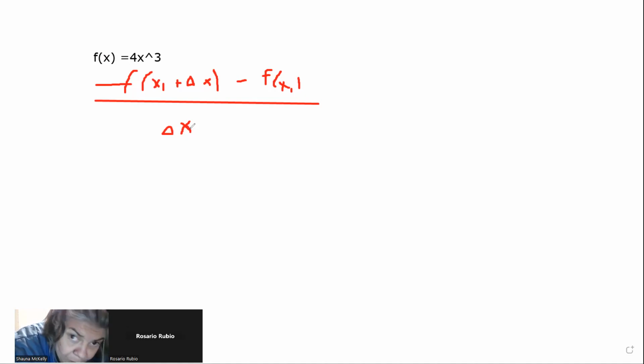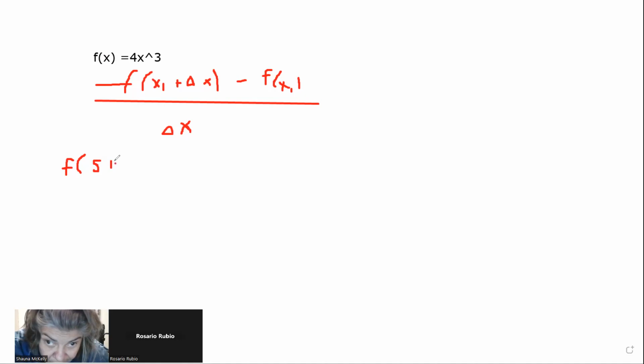But they give you x1. So x1 is 5. So this is basically saying f. Now I'm going to do it the short way first, just to show you, okay? x1, we know is 5 units. They told you that. That's 5, right? Yes. Delta x is 2 units.